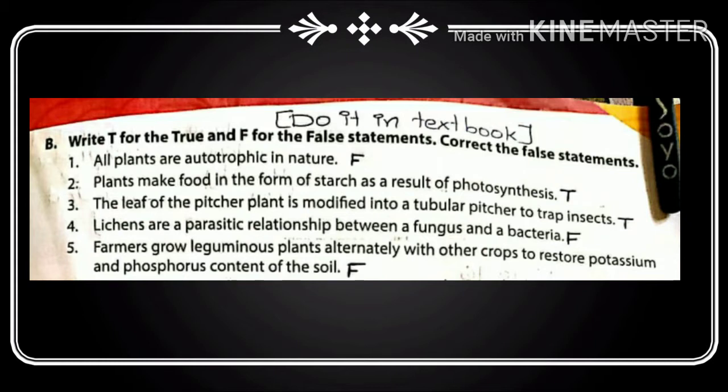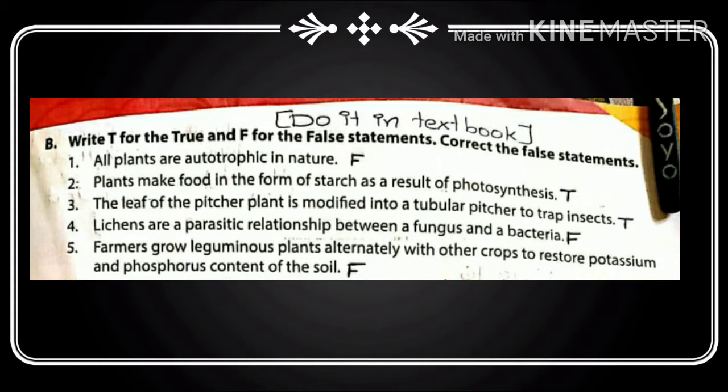That is also true. Then fourth is, lichens are a parasitic relationship between a fungus and bacteria. It is false. So what would be the correction? Instead of parasitic, symbiotic will come. So mention symbiotic after writing false.